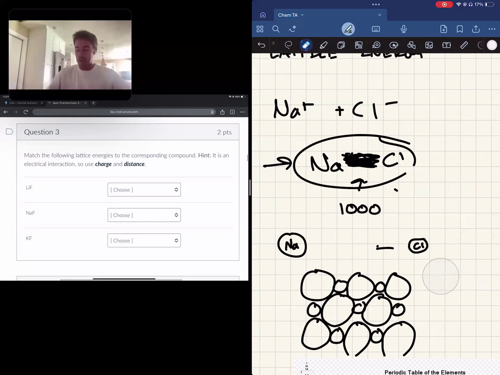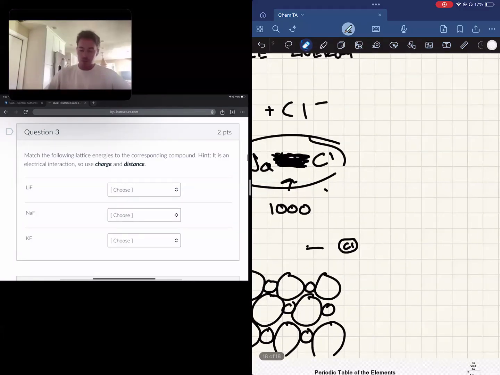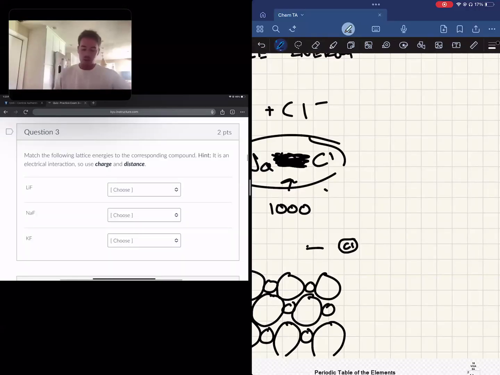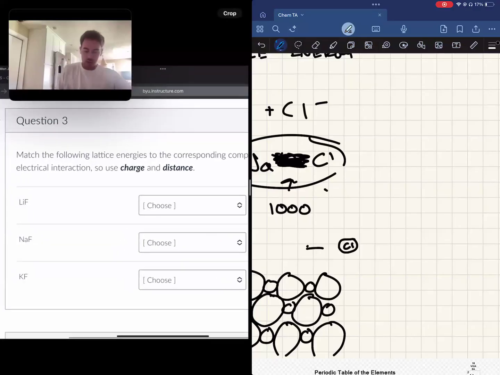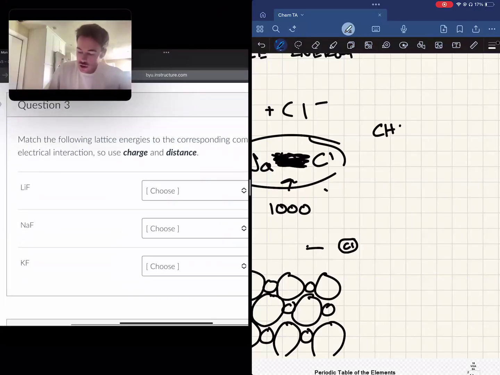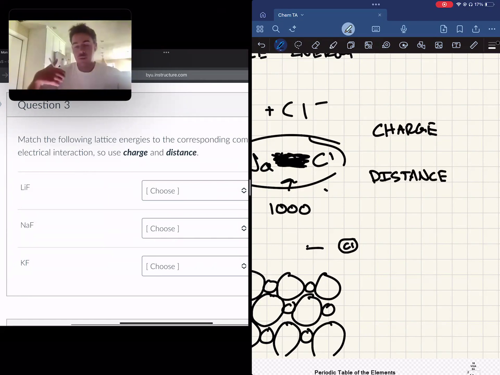Okay, so that's what lattice energy is. A stronger lattice energy is related to charge and distance. A higher charge means a stronger lattice energy.